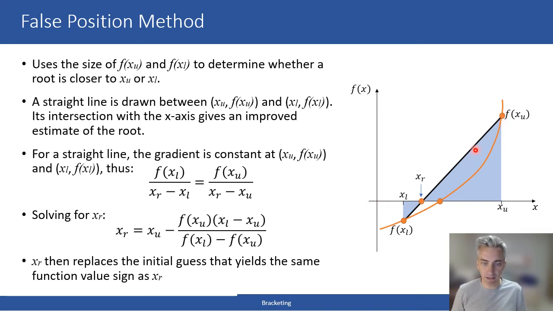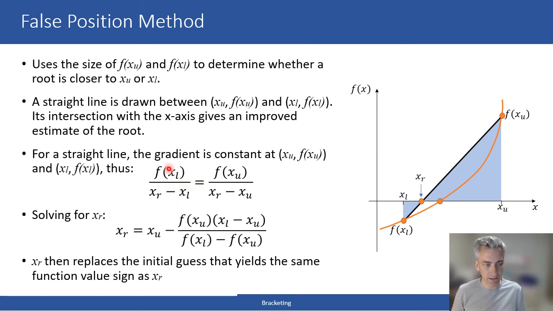So the trick here is that we need to define this straight line that goes between these 2 points. Now these 2 points have the same gradient. Because it's a straight line, the gradient has to be the same. So we can write down the gradient between xl and xr. So that's this part of the equation, being equal to the gradient between xu and xr, which is this value of the equation.